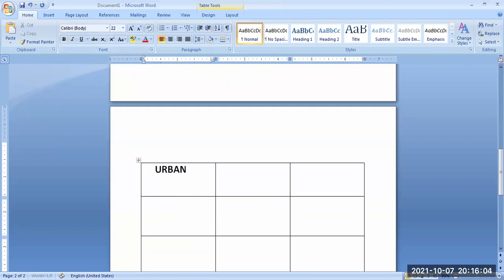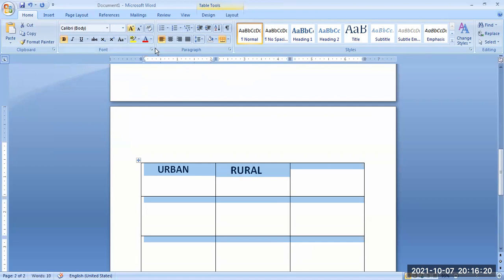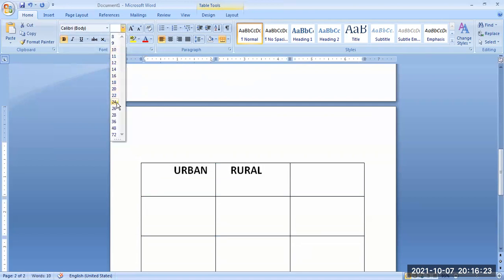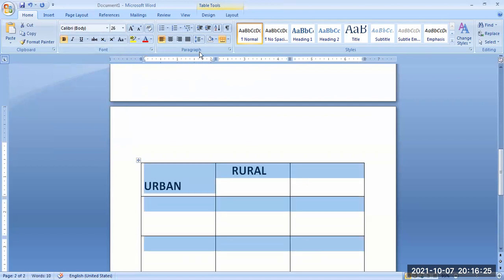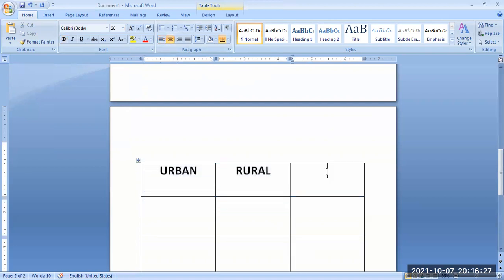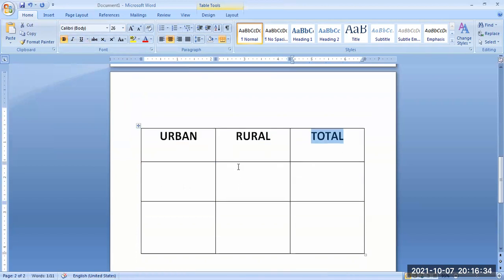So urban, rural. Then here it is total. So the table I am preparing. Are you following? Yes, sir.